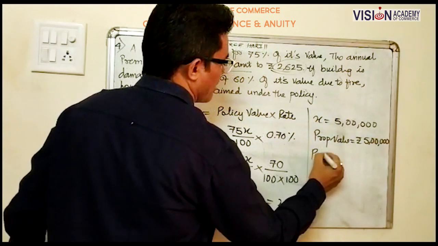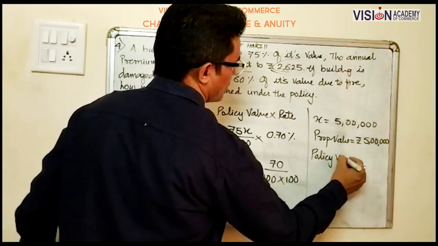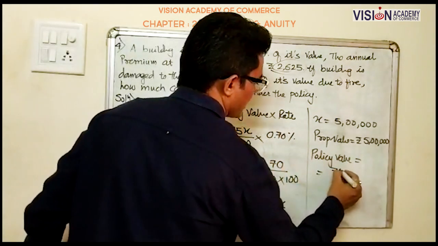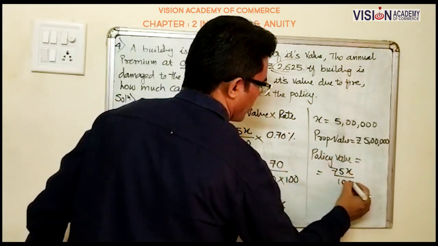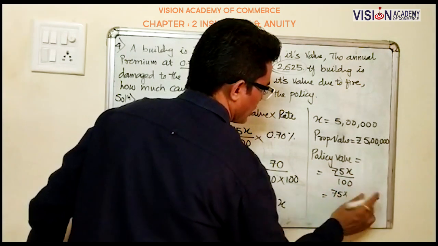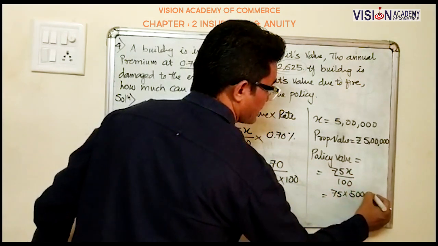and we require policy value also. So policy value is 75X upon 100. X is already calculated as 5 lakhs.